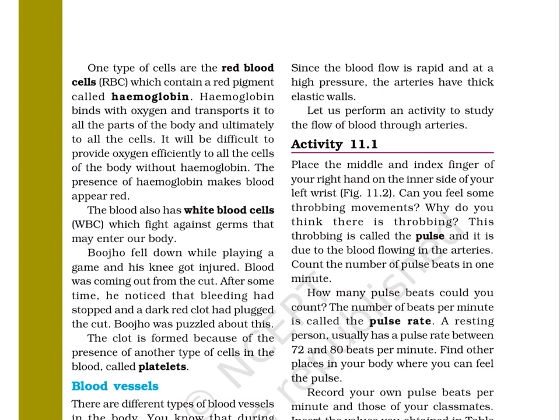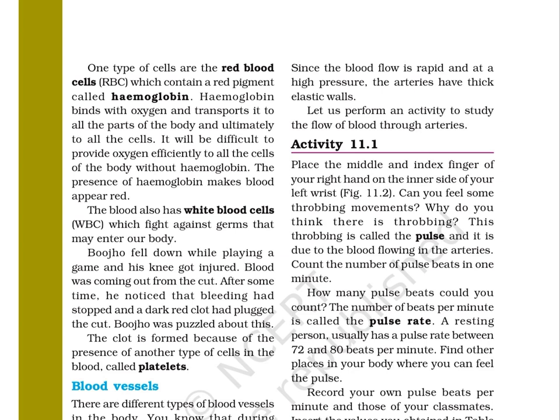It will be difficult to provide oxygen efficiently to all the cells of the body without hemoglobin. The presence of hemoglobin makes blood appear red. The blood also has white blood cells or WBC, which fight against germs that may enter our body.